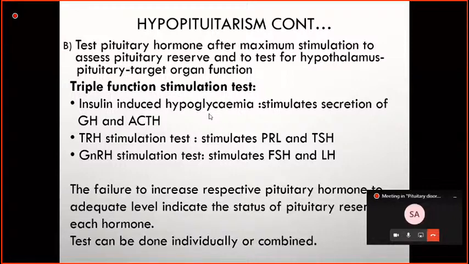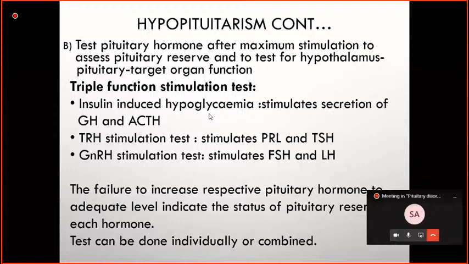Insulin-induced hypoglycemia can stimulate your ACTH due to stress. Induced hypoglycemia will lead to stress, and stress can stimulate your ACTH. So that is the principle behind insulin-induced hypoglycemia, how it can stimulate your growth hormone and ACTH.